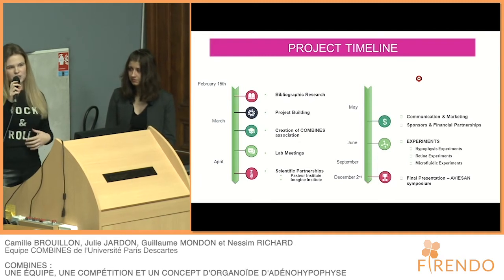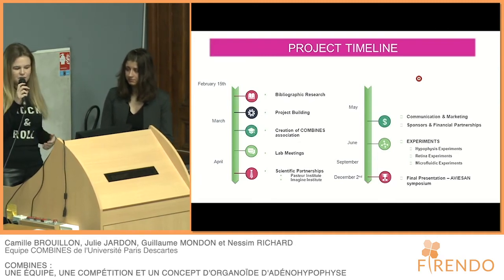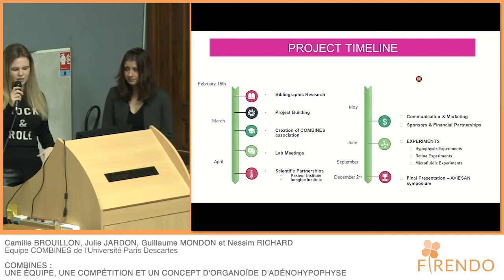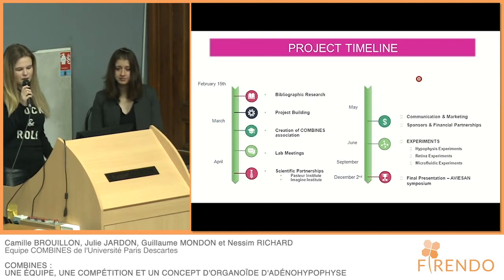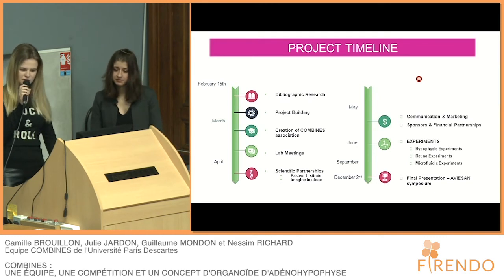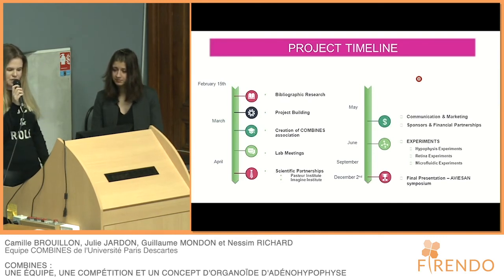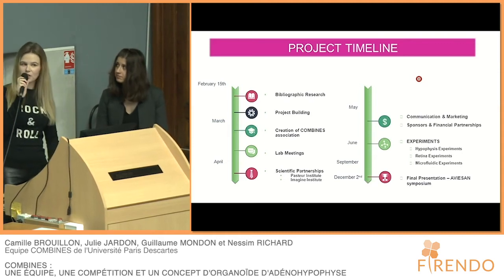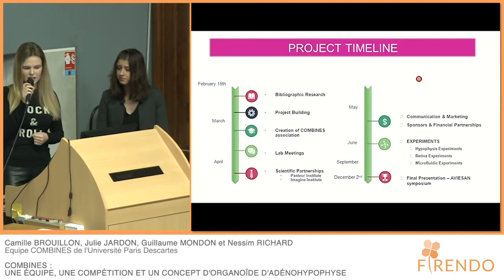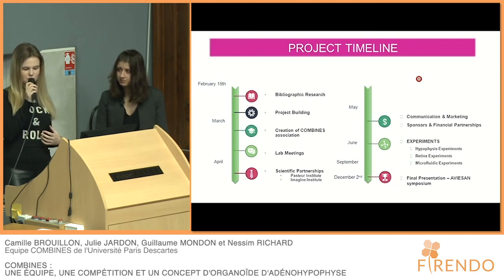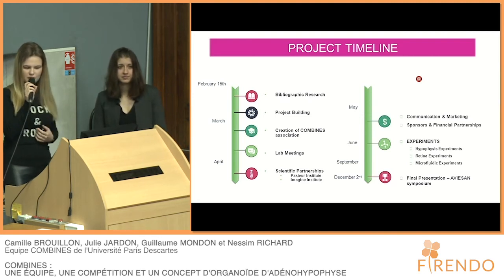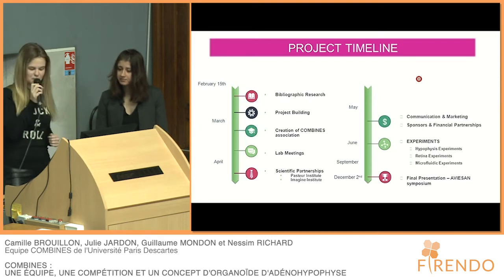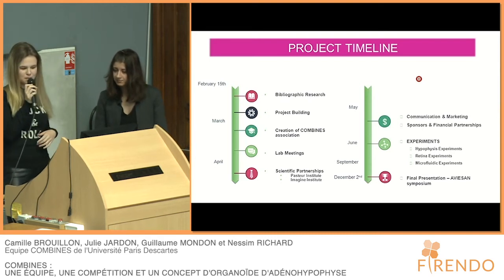We explained our project to various researchers, and we were finally hosted by 2 major labs, Pasteur Institute and Imagine Institute. So we then started a large communication campaign to raise money and finally identify sponsors and financial partnerships, to finally start the experiments from June to September.